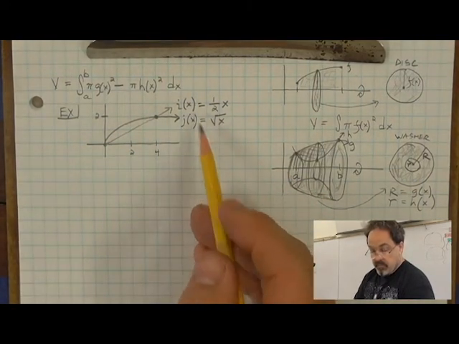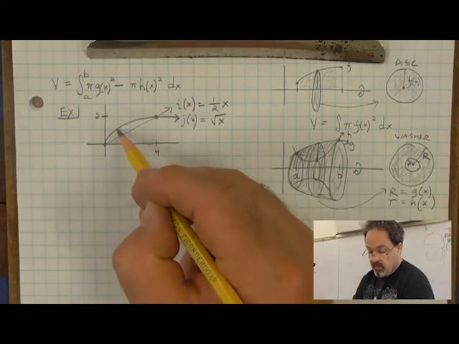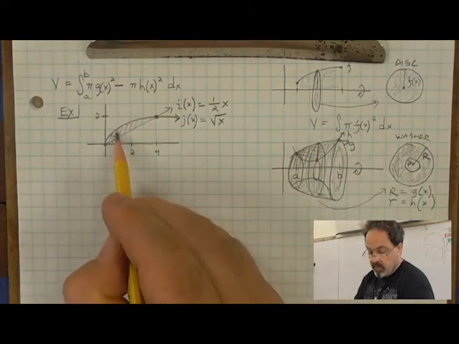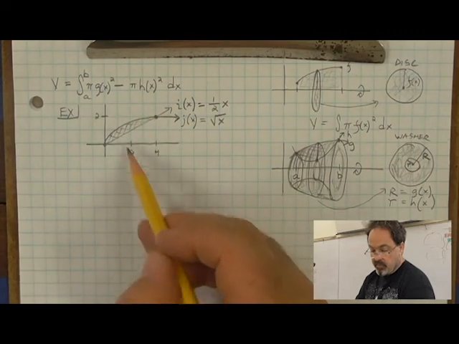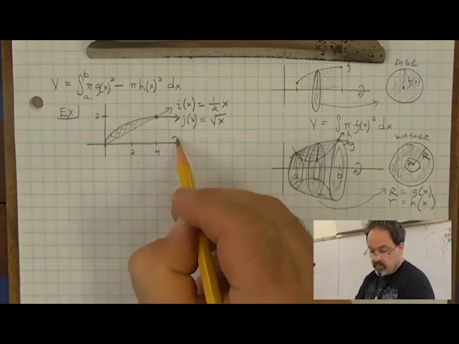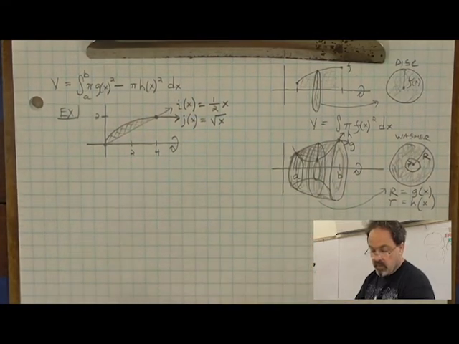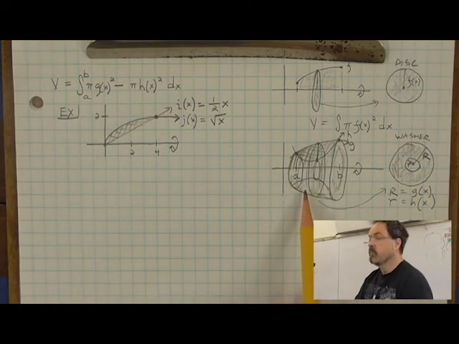With these two functions, I have an area between them that I can highlight with shading. If I rotated this region around the x-axis, a solid would form very similar to the example that we have here.